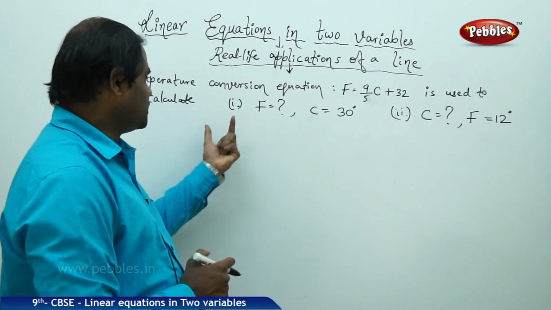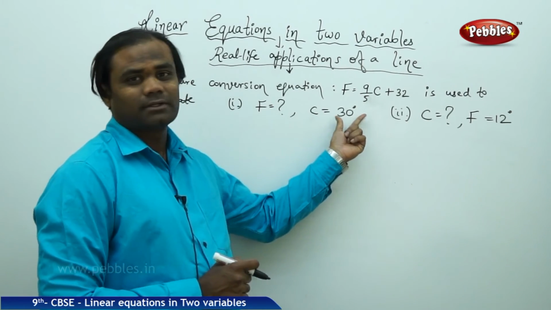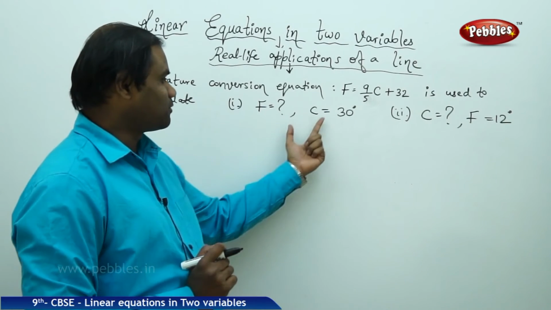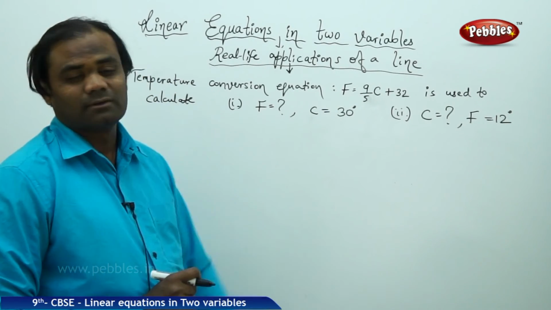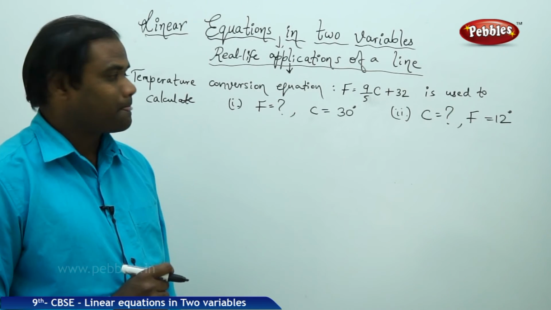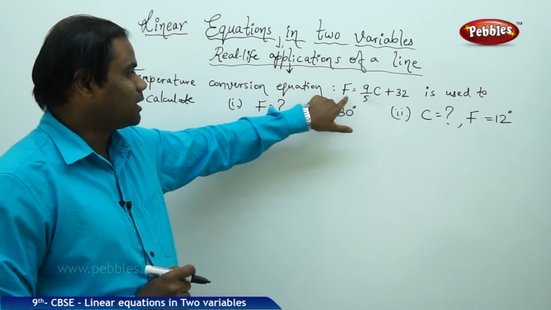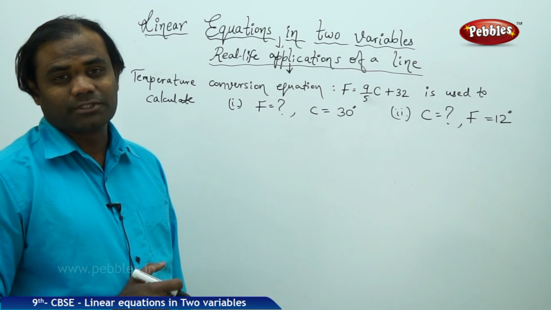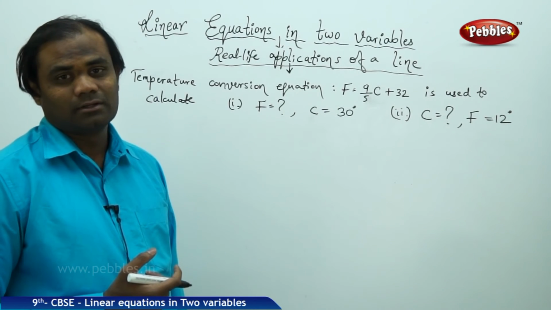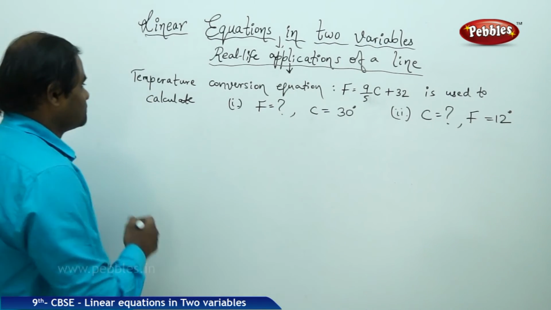In the initial case, I have the centigrade temperature given as 30 degrees, through which I want to know its respective Fahrenheit temperature. So for this centigrade temperature, I would like to find its conversion in the Fahrenheit scale.